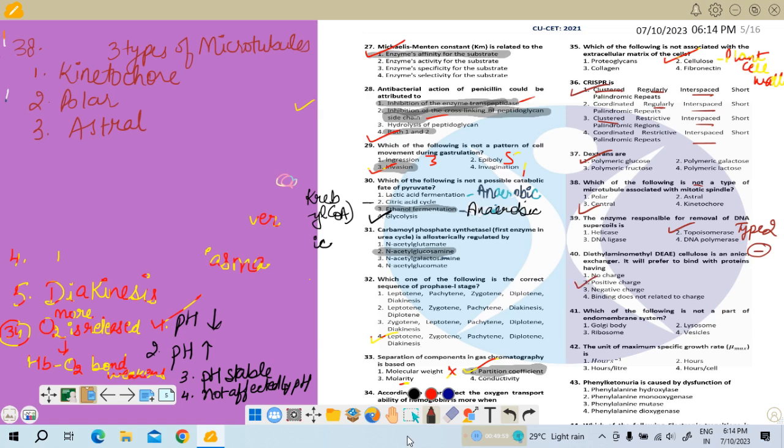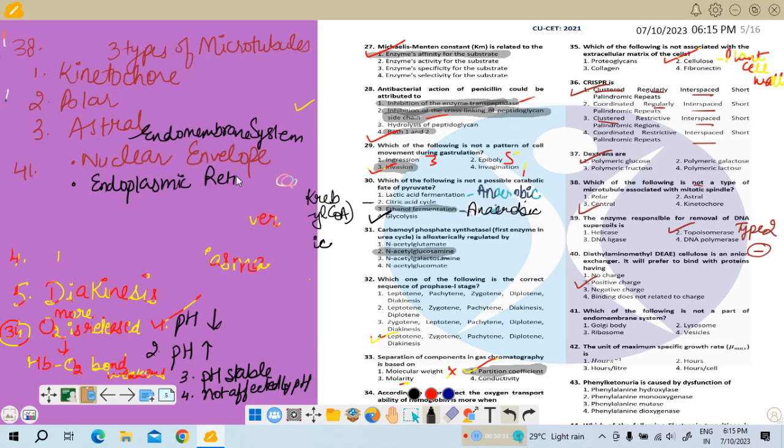41, which of the following is not a part of endomembrane system? So endomembrane system consists of nuclear envelope, then endoplasmic reticulum, then plasma membrane.